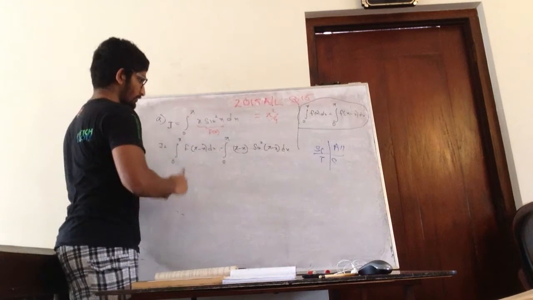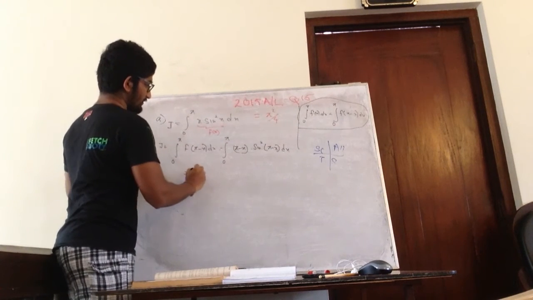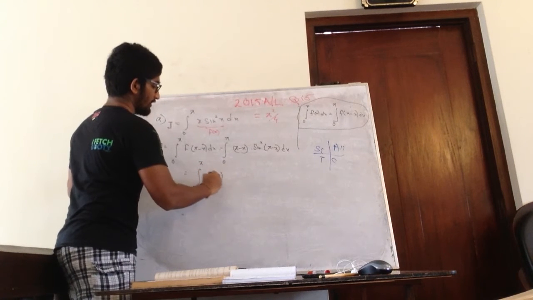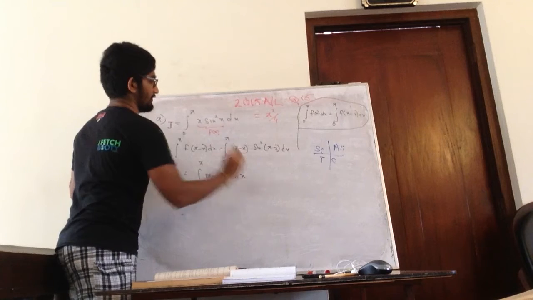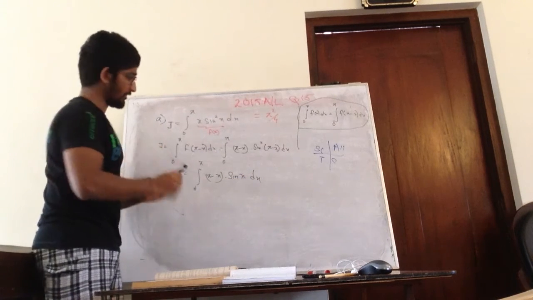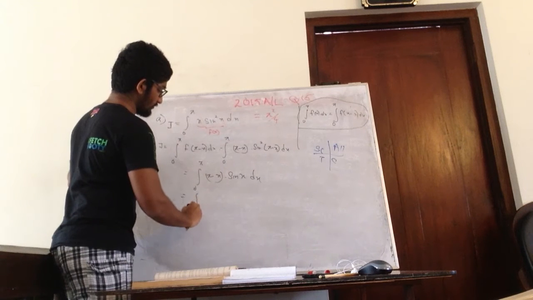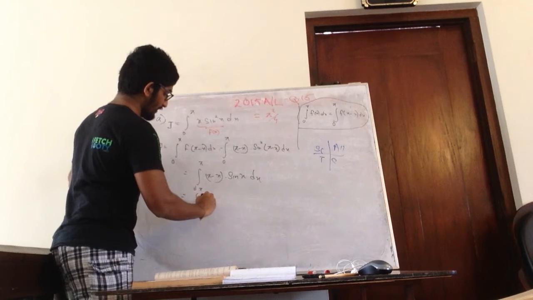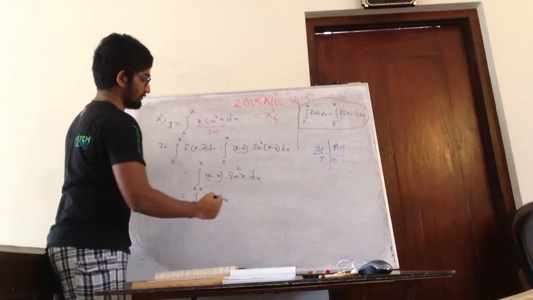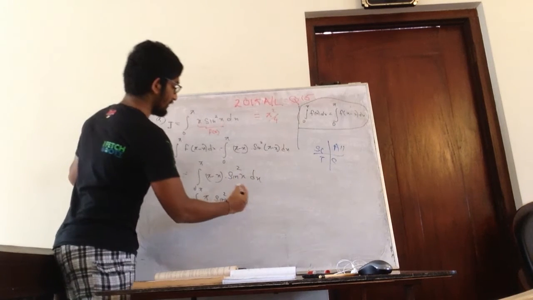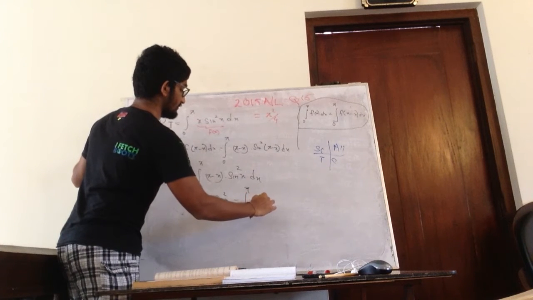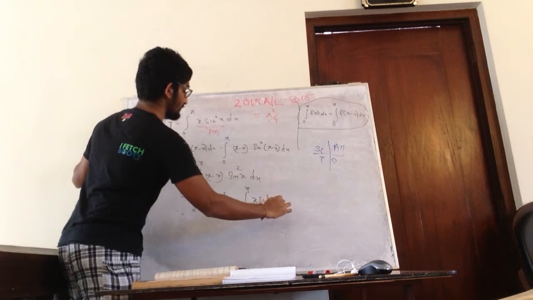Then I can simplify this as the integral from 0 to 5 of (5 minus x) sine squared x dx. Then I am going to write this as the integral from 0 to 5 of 5 sine squared x, minus the integral from 0 to 5 of x sine squared x dx.